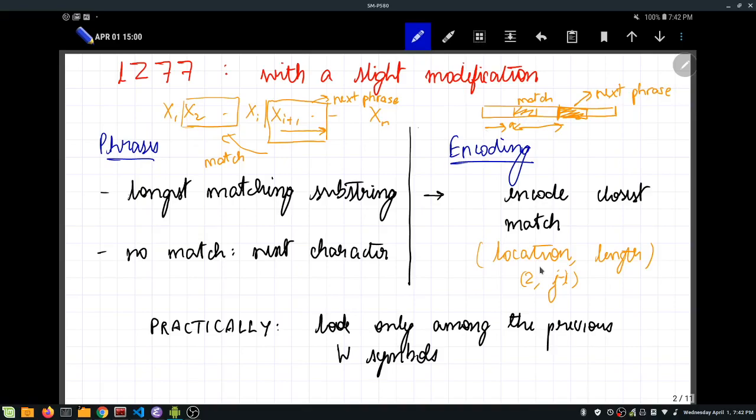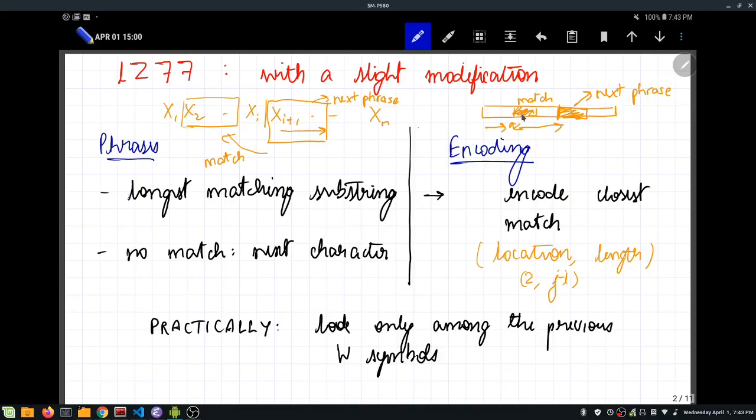These are two different ways, but we'll use this method of referencing instead of starting from 1, because in the proof we'll be using that instead. One more thing is that there might be multiple matches. The next phrase could match with this substring.